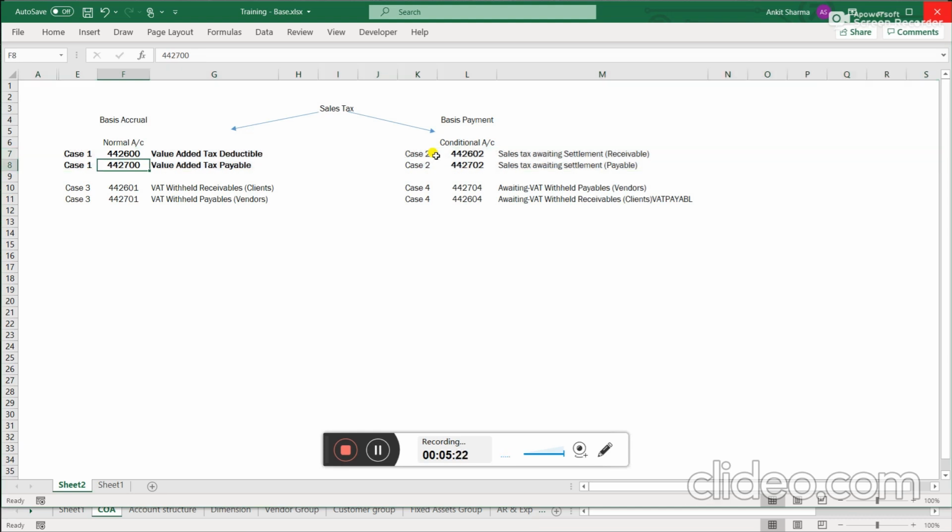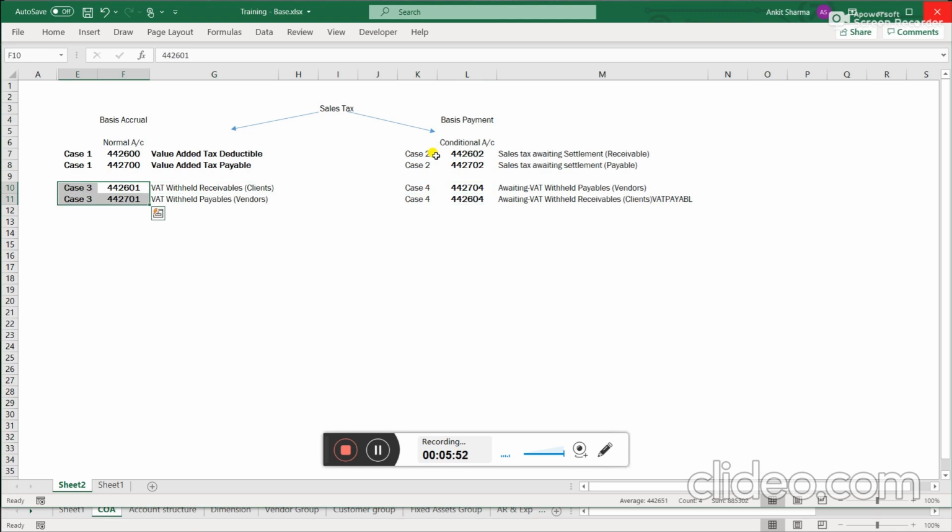In that case, since VAT withholding is always on the payment basis, whenever you select the conditional sales tax code, the system will transfer that portion of the VAT withheld into this account. And when that particular amount is paid, or when the transaction on which the VAT was withheld is settled, the system will again transfer the balance to this account.